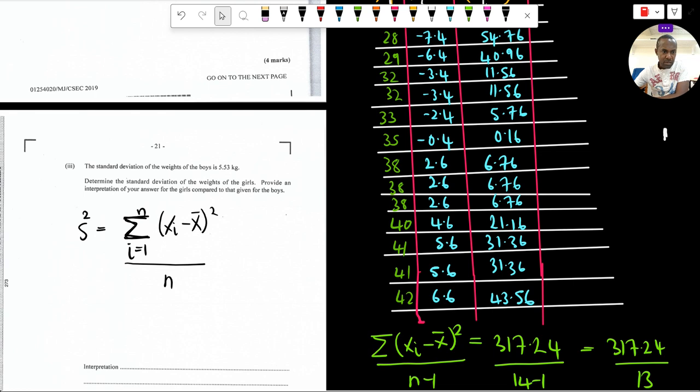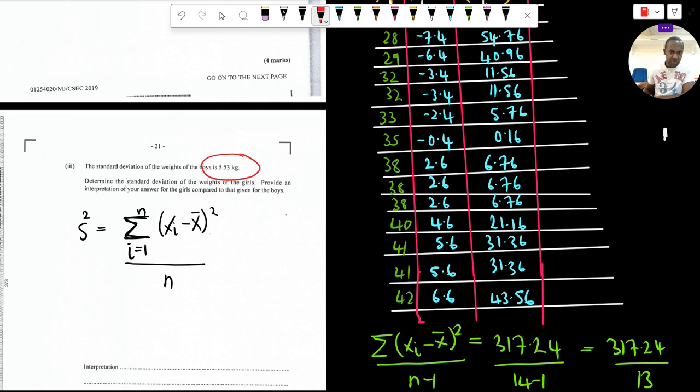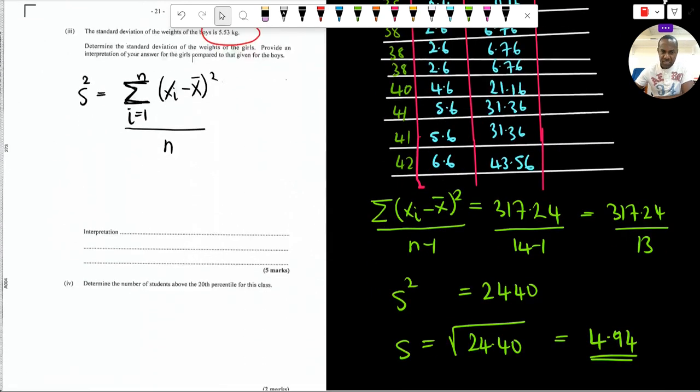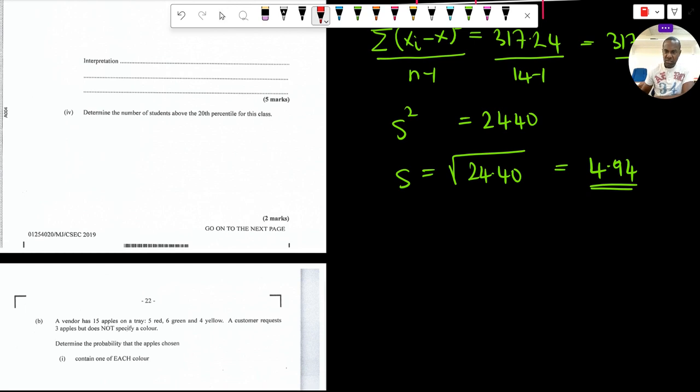Now, if you go back to the boys' values, we're told that the standard deviation of the weights is 5.53 kilograms. What we've shown here is that the standard deviation for the girls is 4.94, which is slightly smaller.